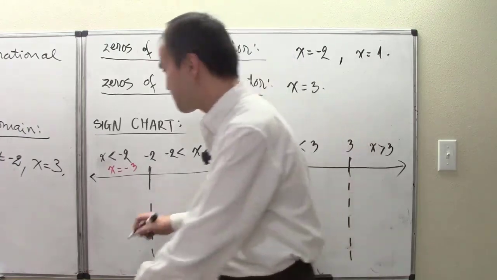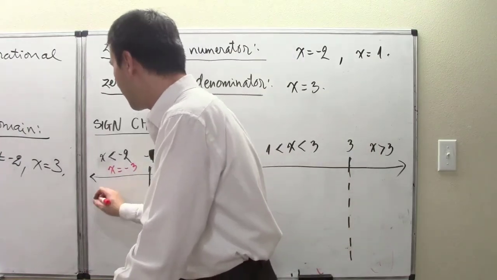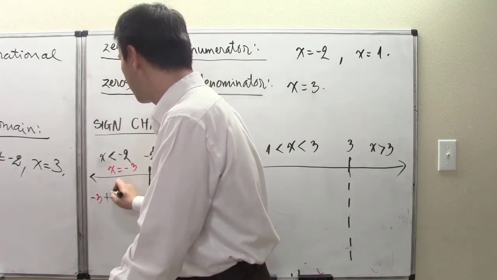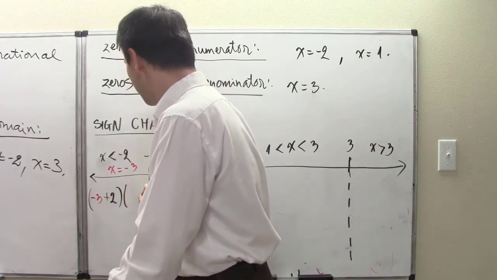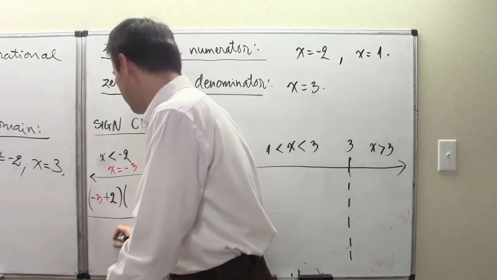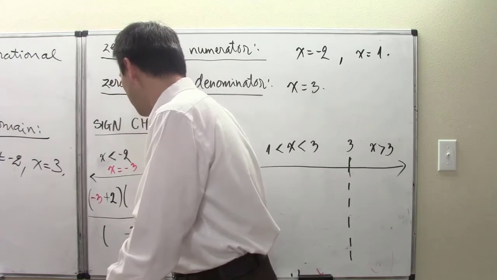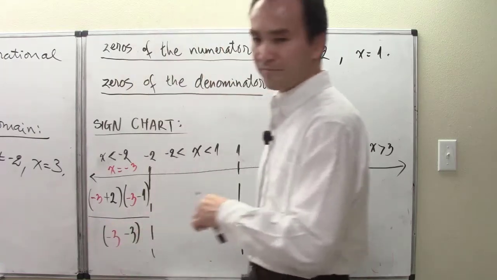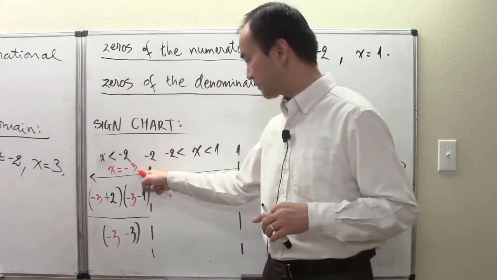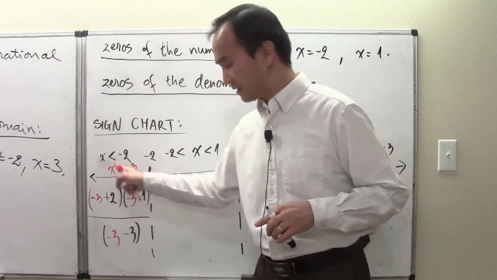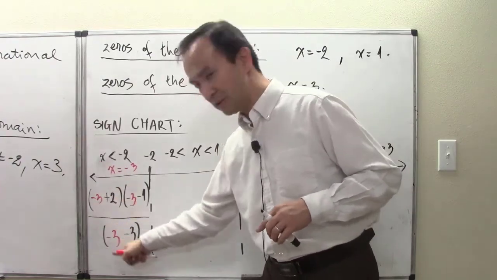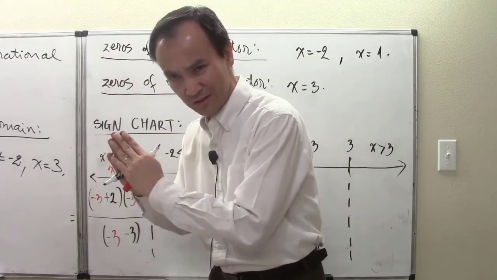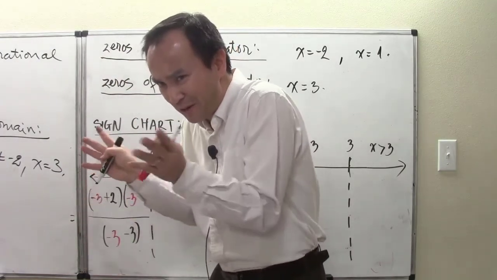Now I'm going to go -3 plus 2, and then -3 minus 1, all over -3 minus 3. That's how I simply substituted the value I picked, which satisfies x less than -2, into the rational function. I'm looking at the sign calculations, just the overall sign. I don't even need to worry about the final value.